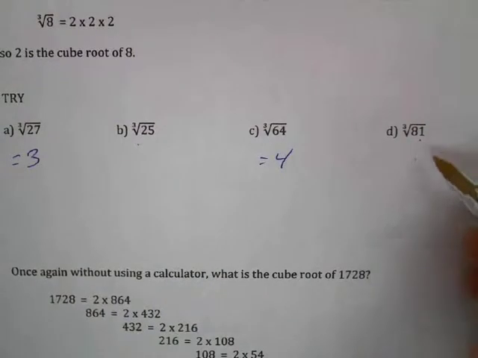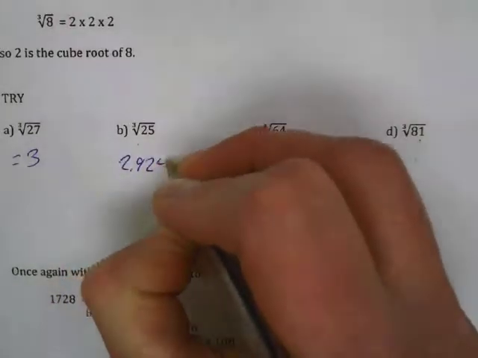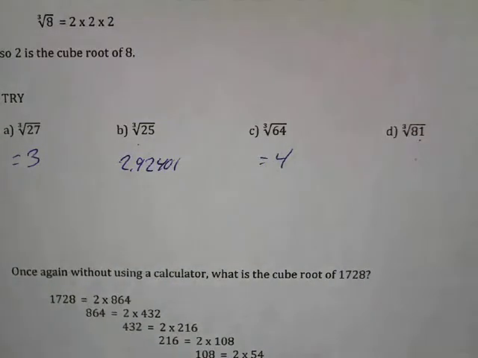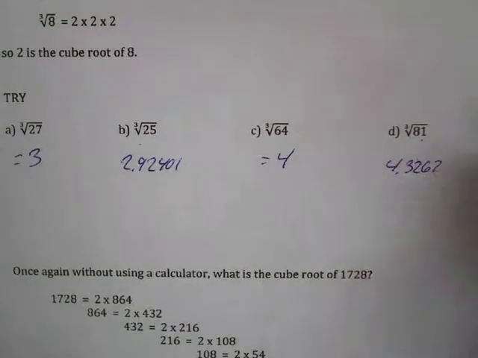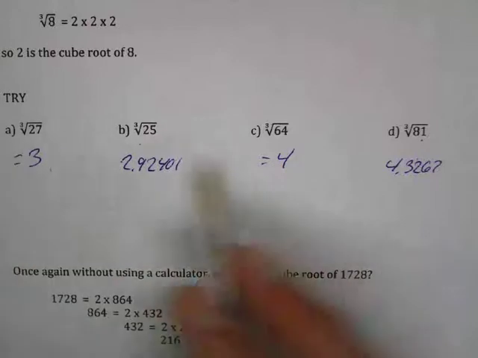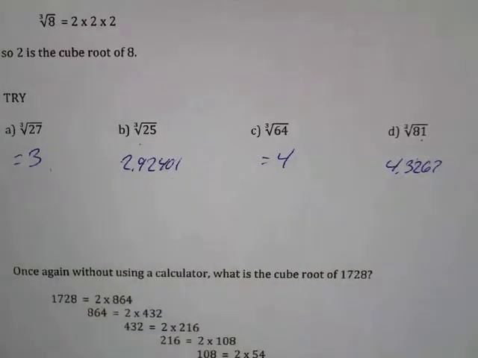When I plug that in, the cube root of 25 is 2.92401. And then for 81, the cube root of 81 is 4.3267. So sometimes you can do it in your head, and sometimes you have to use a calculator. So it doesn't matter, you should know both roots.